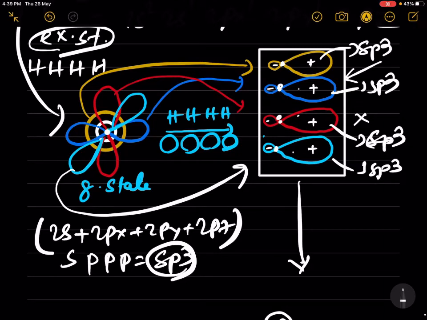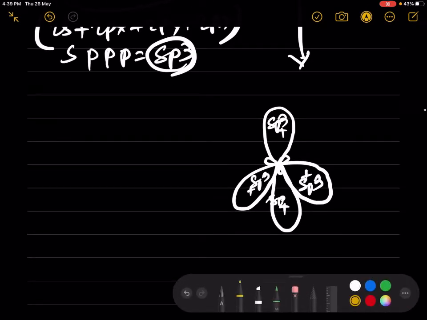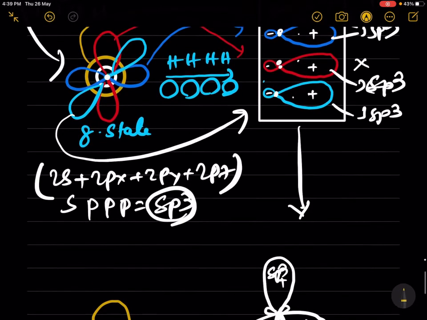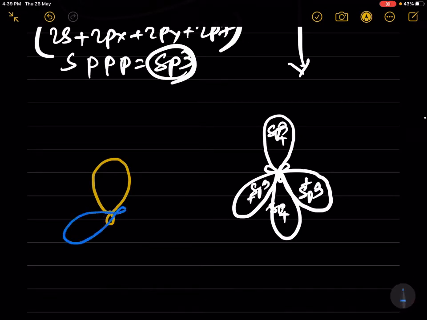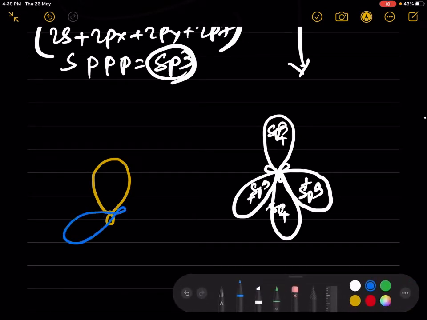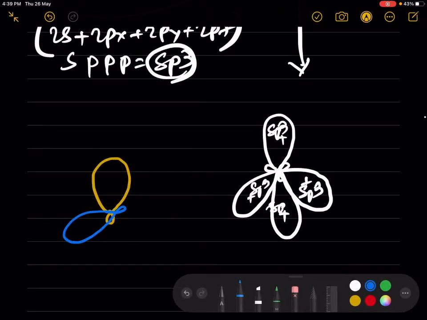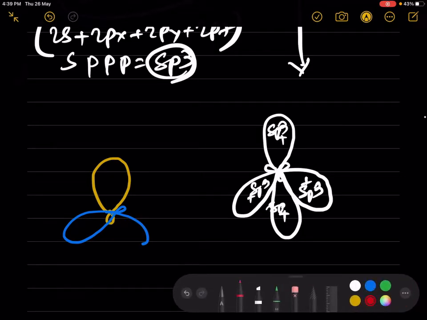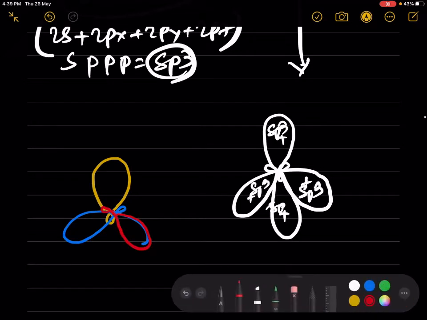If you want to see this in color form, then I can draw again. The yellow color one is like this, then yellow color, then the red color, then the last one.